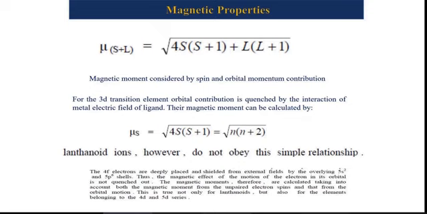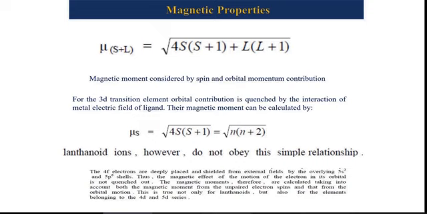Right? However, in the case of lanthanide, the 4f orbitals are well shielded from the surroundings by the overlying 5s and 5p electrons. So it is not possible for the ligand to directly correlate with the 4f orbital.